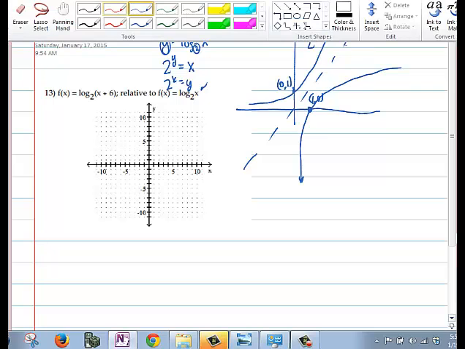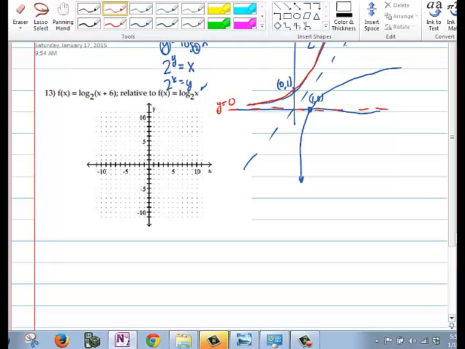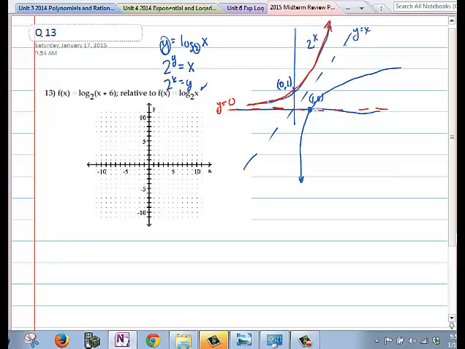So I'm going to draw the asymptote for the exponential graph, which will be in red. The log base 2 function, which will be in blue, I'll draw its asymptote.